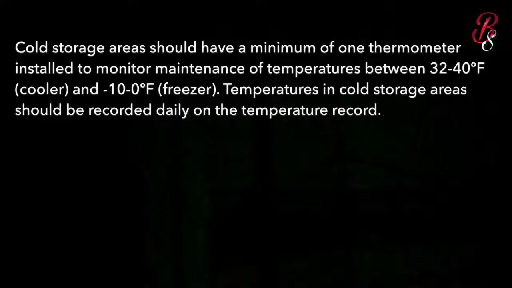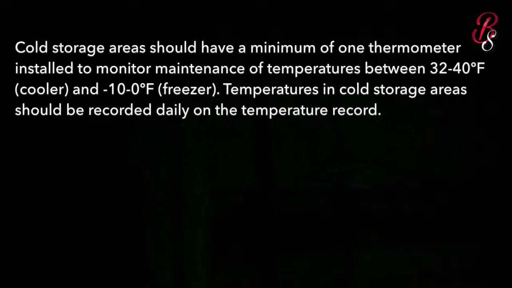Cold storage areas should have a minimum of one thermometer installed to monitor and maintain the temperature between 30 to 40 degrees Fahrenheit for the cooler and -10 to 0 degrees Fahrenheit for the freezer. The temperature in the cold storage area should be recorded daily on the temperature record card, right?